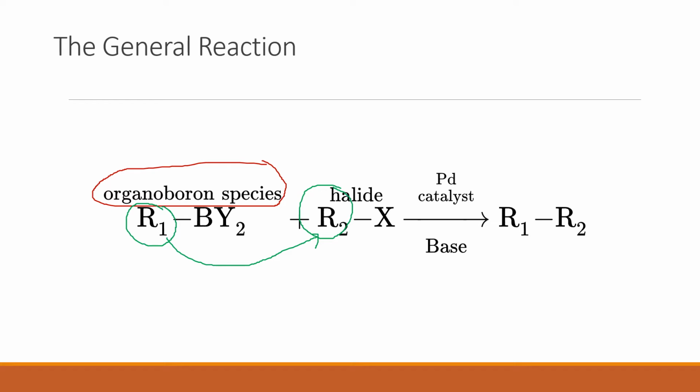In order for that to take place, we need a boron over there bonded to any other group, in this case, and in order for it to react, it needs to react to a halide, an alkyl halide or an organohalide, in the presence of a palladium catalyst and a base.